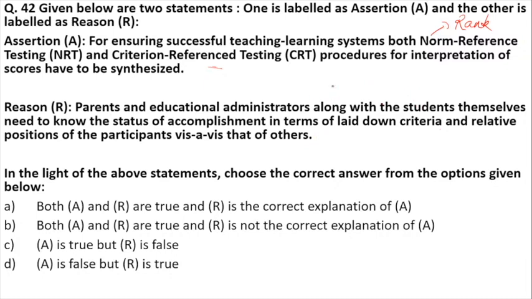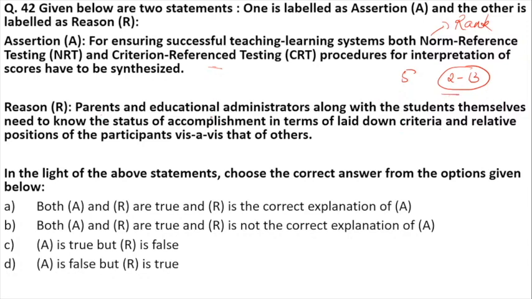For example, I gave this example earlier also, that if a class 5 student should know the table from 2 to 13, so this criteria, it should be the responsibility of the student also that they should accomplish this. And the parents should also take care of this.